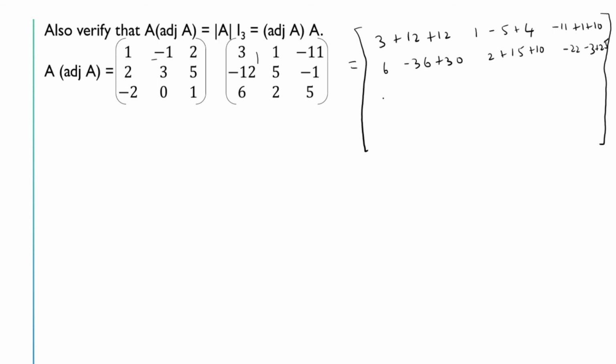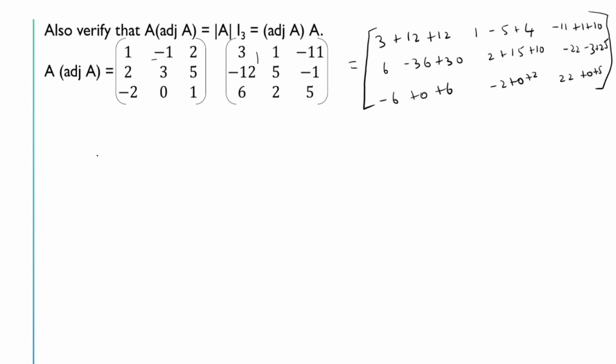Then minus 6 plus 0 plus 6. Then minus 2 plus 0 plus 2. Then 22 plus 0 plus 5. So this is the product of these two matrices.